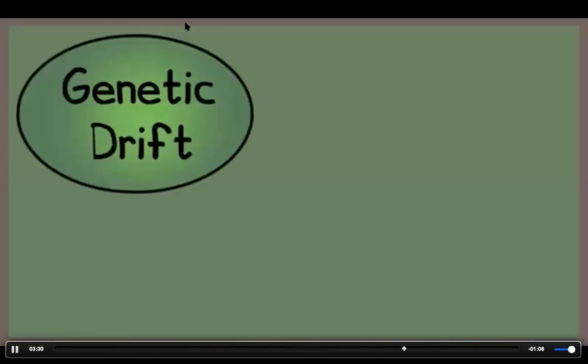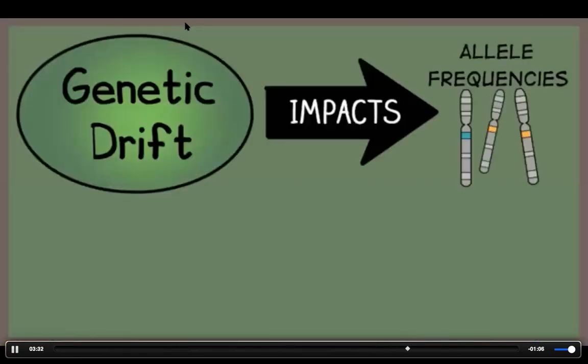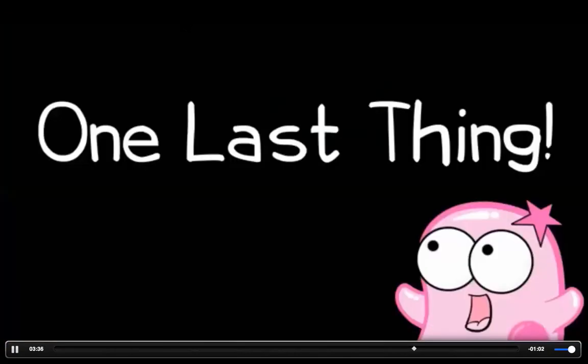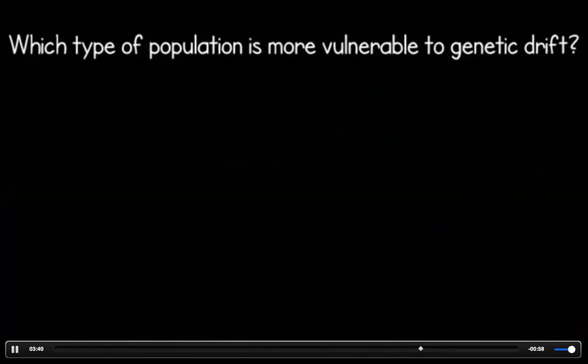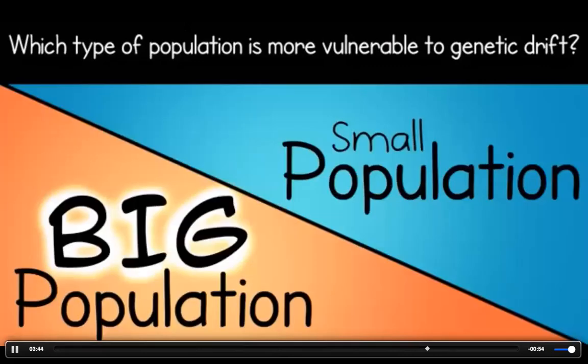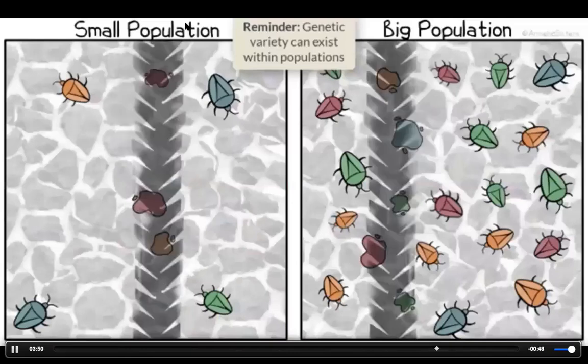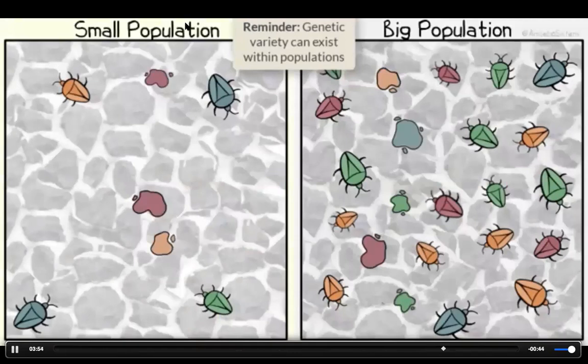In summary, genetic drift can make some big changes to allele frequencies, and it's a mechanism for evolution. So, one last thing. Which type of population do you think would be more vulnerable to genetic drift? A big population or a small population? If someone is just doing some intense candy hunting and by accident scooter rides over a few insects, look at the results in the small population versus the big population.